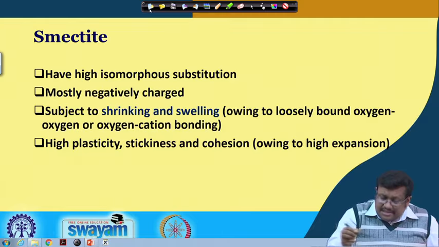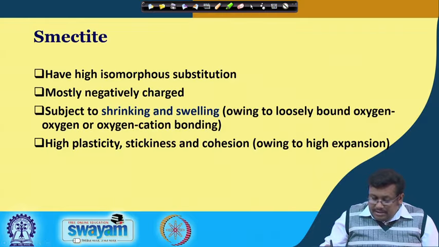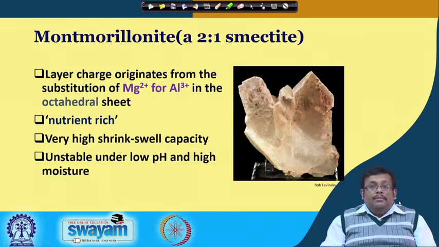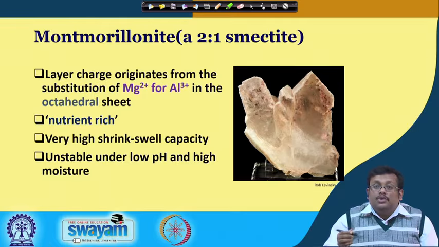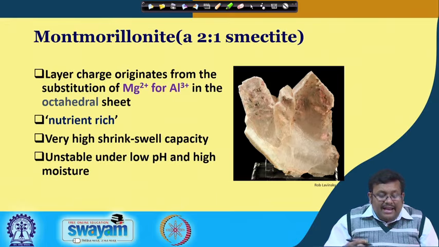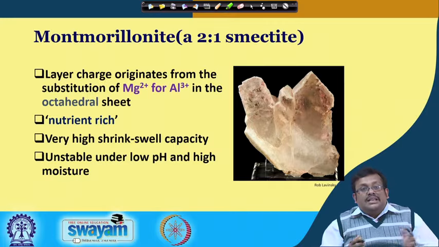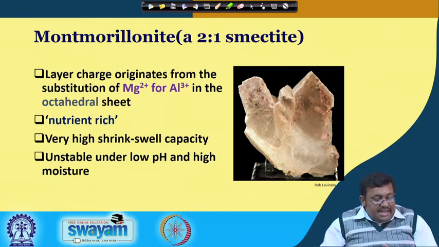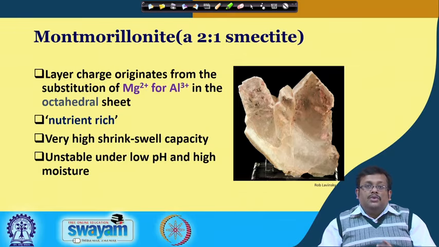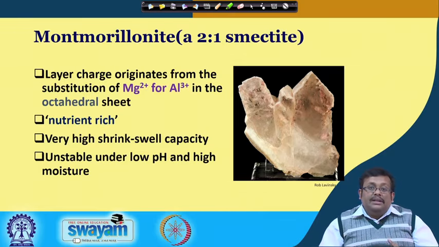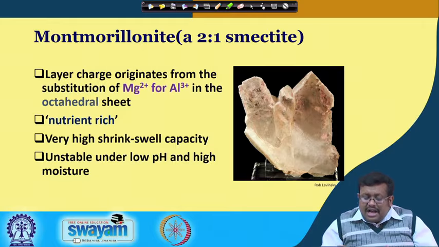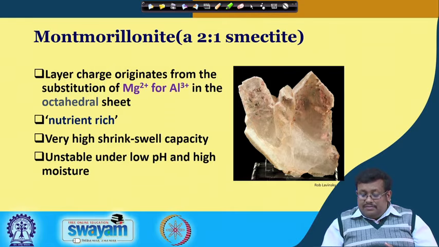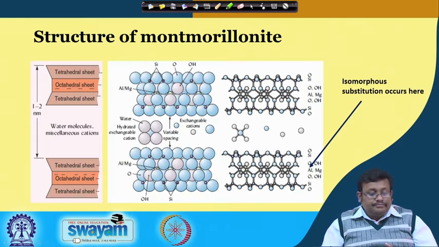So, let us see. Okay, the Montmorillonite. Montmorillonite is a 2:1 type of smectite obviously, and layer charge originates from the substitution of magnesium for alumina in the octahedral sheet. Remember, these are nutrient rich and they show very high shrink swell capacity, and they are very unstable under low pH and high moisture, and this is how the pure Montmorillonite will look like.